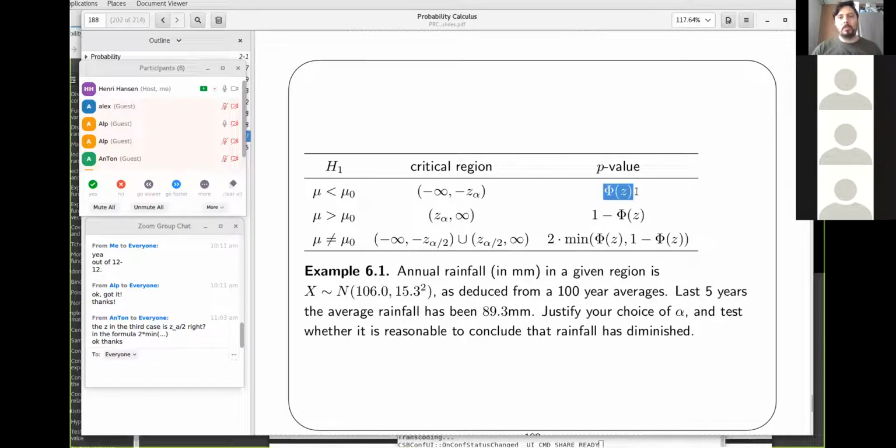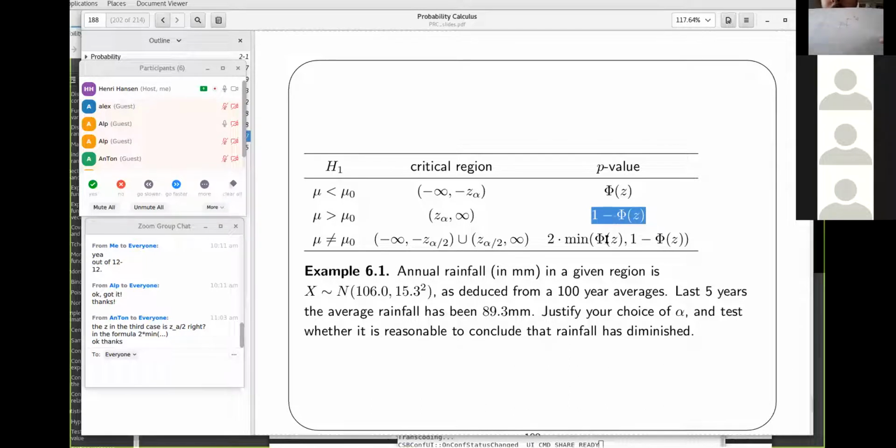And for the p-value, in this case, if we get this 1 minus phi of z, then if your z turned out to be this value, 1 minus phi of z is in fact this, because the cumulative distribution phi gives you this probability, and 1 minus phi gives this.